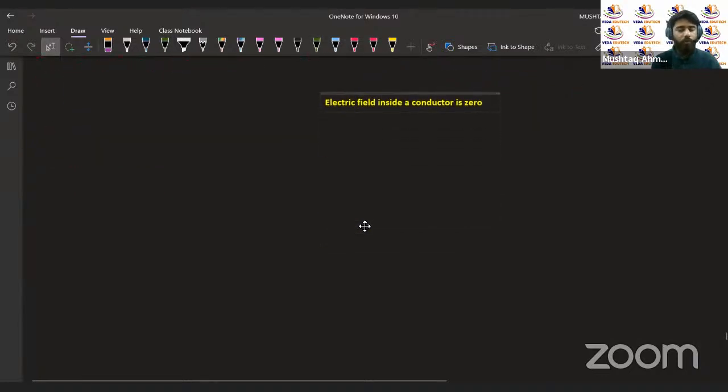And one more important property of electric field lines in the case of conductors. If we have a conductor like metals, the electric field inside the conductor is always zero. There are no electric field lines that exist inside the conductor.